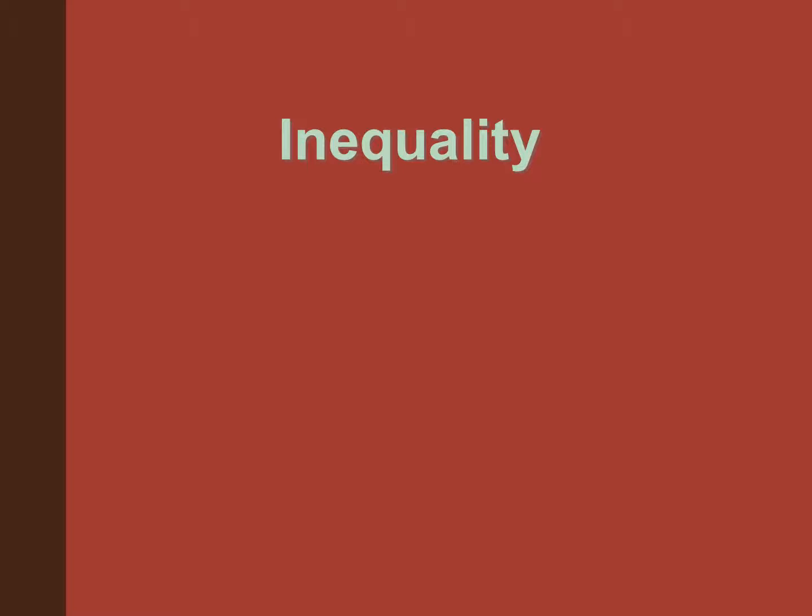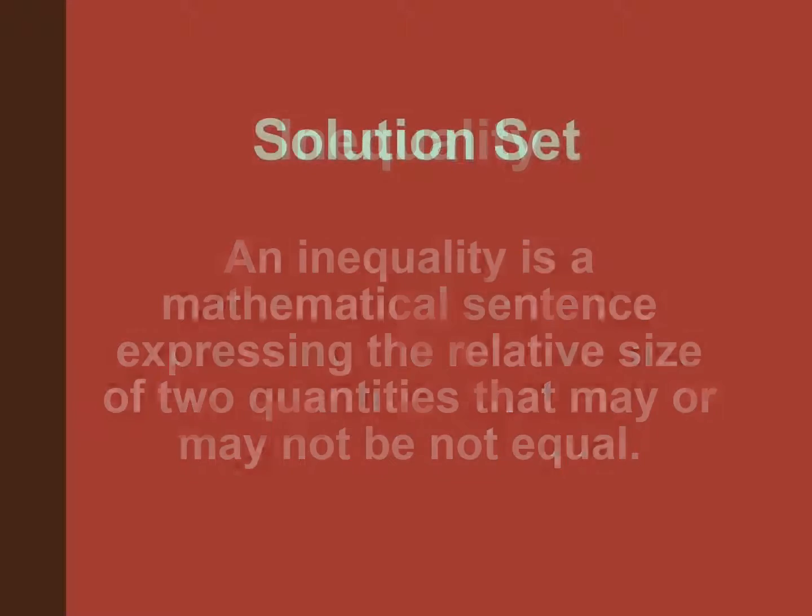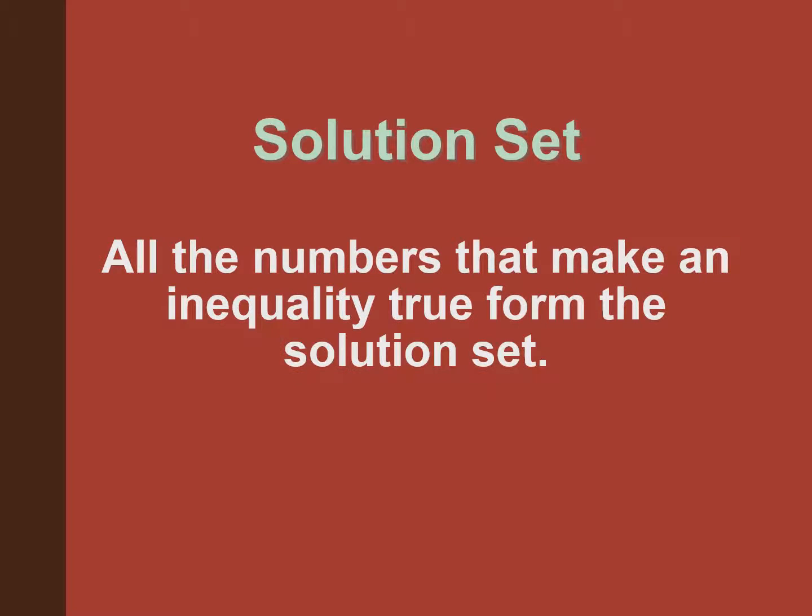Remember, an equation can only have one solution. And an inequality can either have many solutions or no solutions. So an inequality is a mathematical sentence expressing the relative size of two quantities that may or may not be equal. So the solution set are all the numbers that make an inequality true.